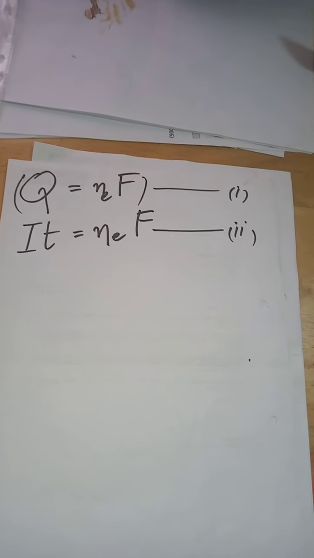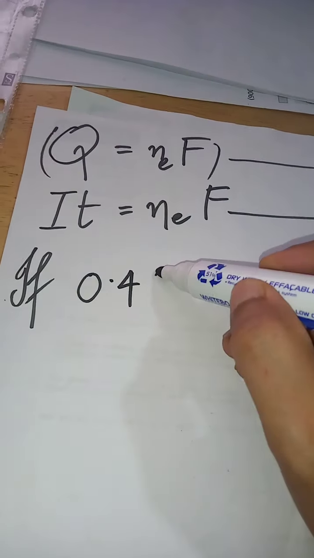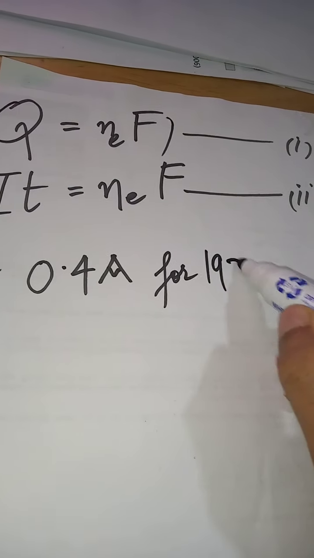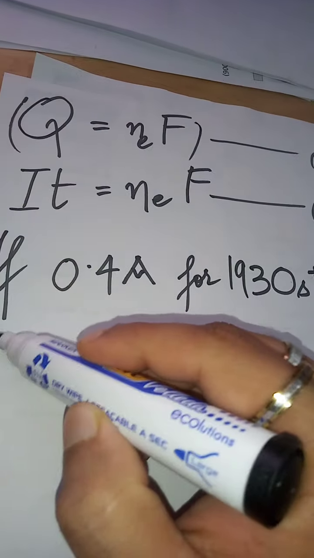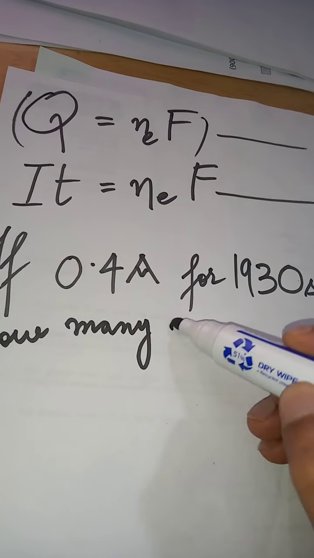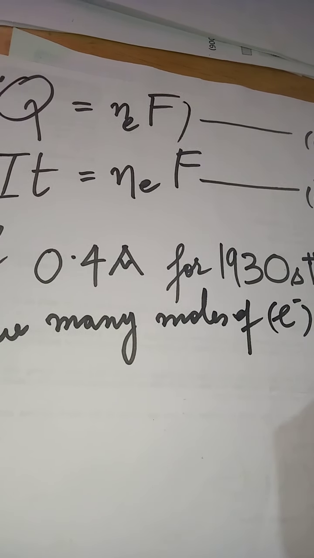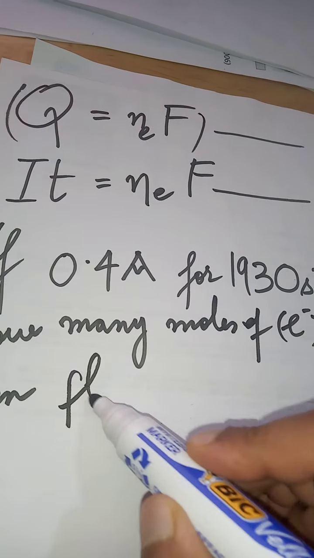So if the current supplied is 0.4 amps for about 1930 seconds, then how many moles of electrons have flowed through?